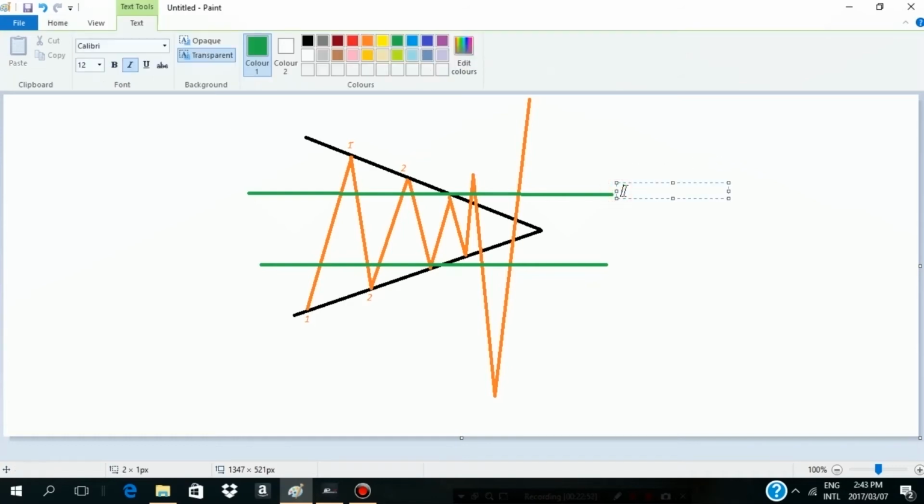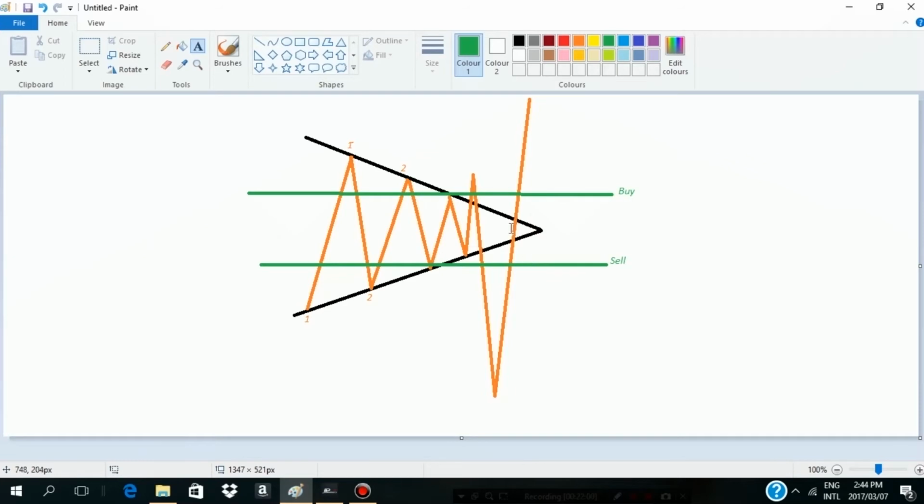Now you are triggered into your buy trade and then triggered into your sell trade. Now your buy trade is in a negative. Once you see it break right through and start going this way, you could actually place another sell.